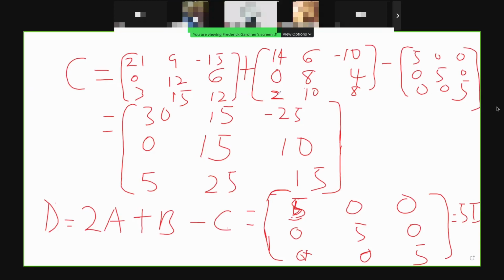I think we did determinants the last time. Were you able to solve that system of equations using the 3 by 3? I asked you to finish it. I hope you were able to do that. Yes. Okay.